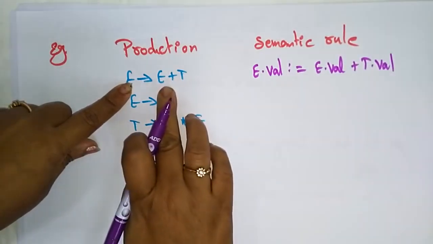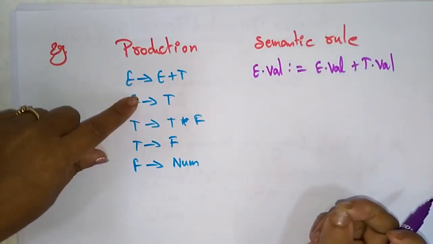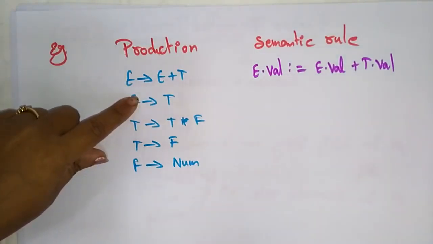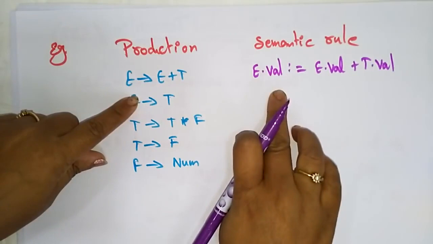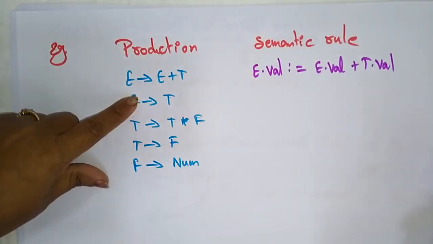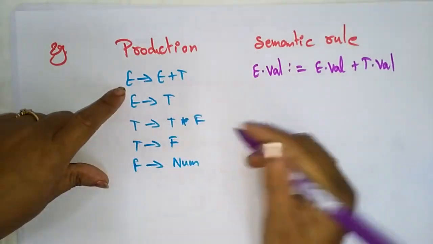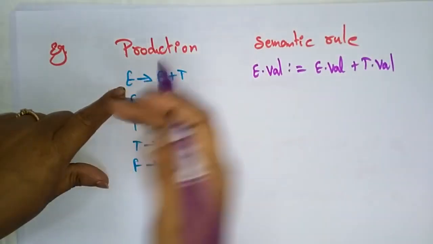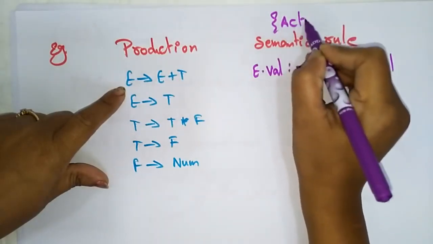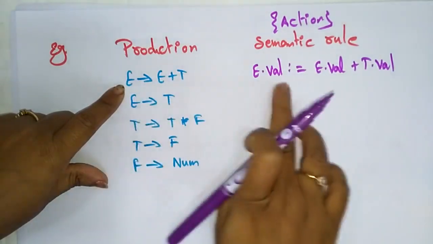We simply add a value attribute to those productions. Semantic rule is just an informal notation, so you can add whatever attribute name you want. So this is the semantic rule for this production. This is a production and this is an action for that production. Just remember, for each production there is an action.